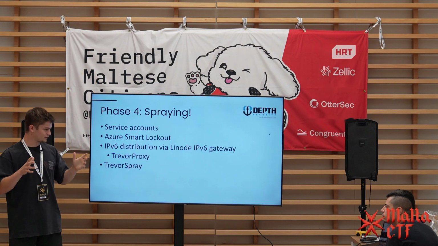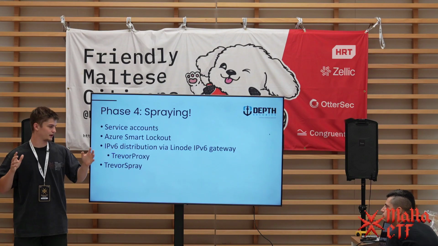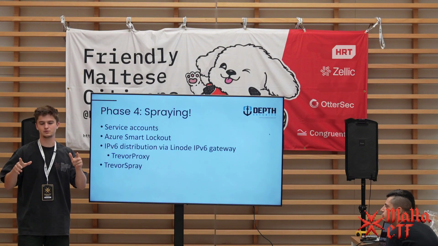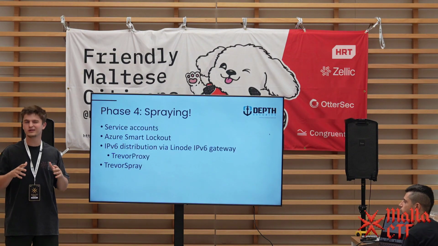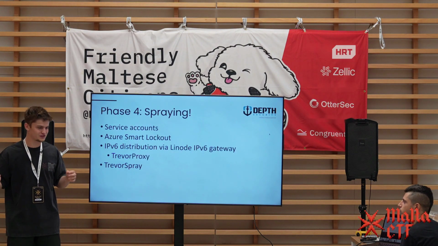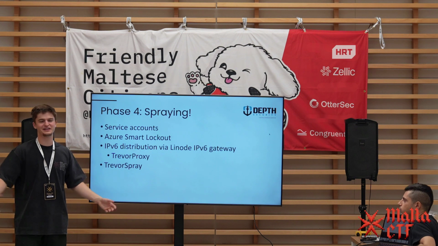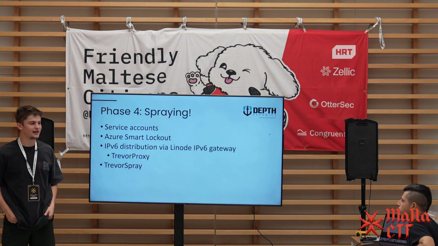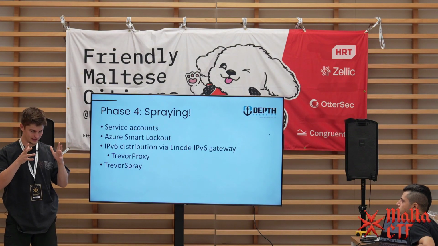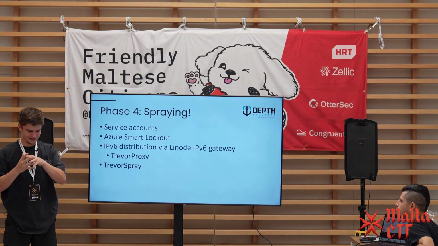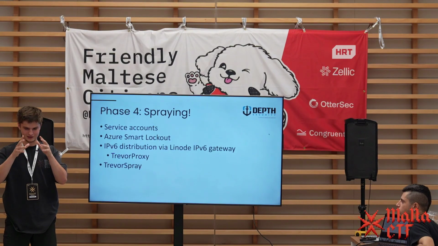To deal with the IP situation, Linode has a service where you can get, I think, a /52 IPv6 subnet. It's billions and billions of IPv6 addresses. You use a tool called TREVORproxy to set that up. TREVORproxy opens up a SOCKS proxy.